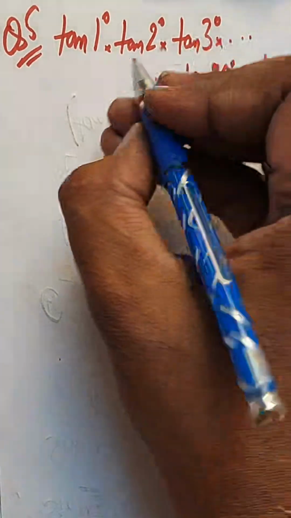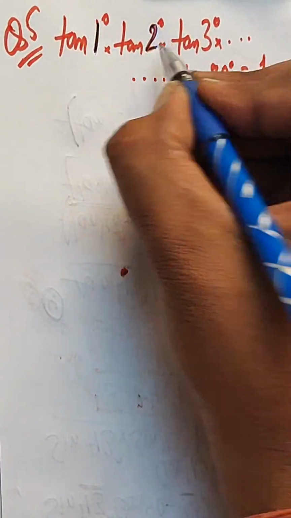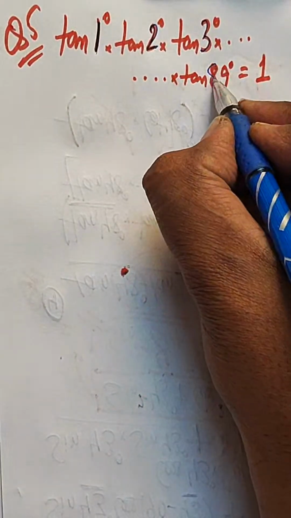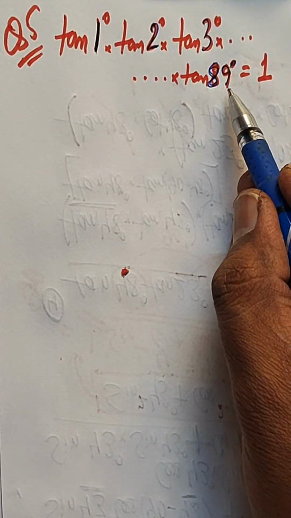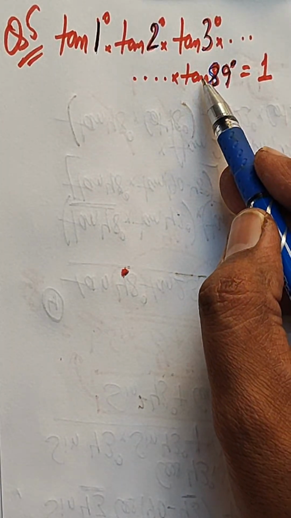So students, as we learned in the complementary angle concepts, you can see here 1 degree, 2 degree, 3 degree, till 89. Tan 90 is not given over here, because if all are in product, you know the value of tan 90 is infinity, right?